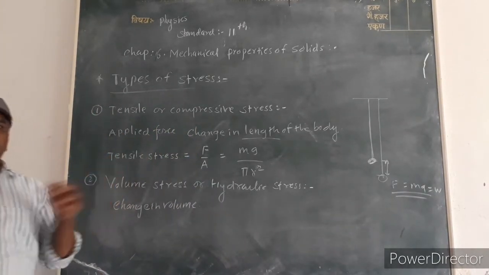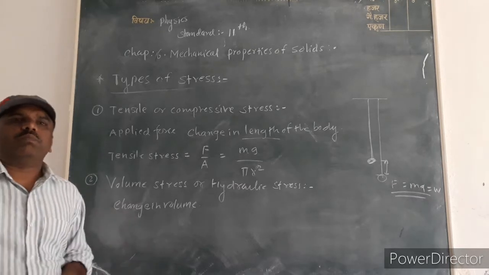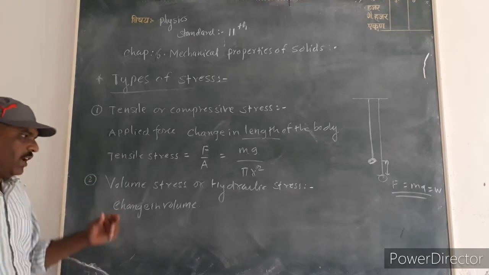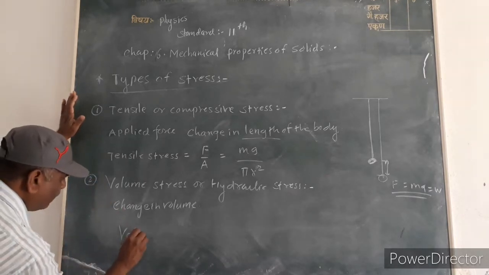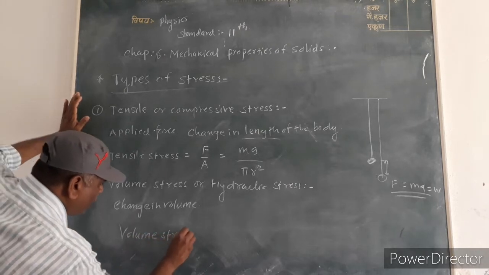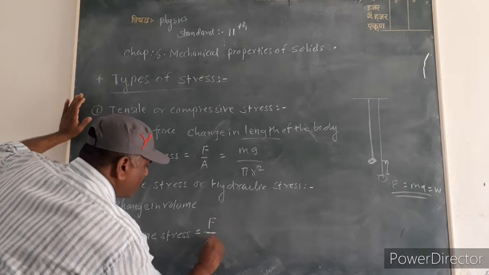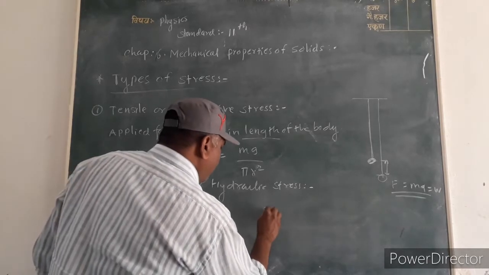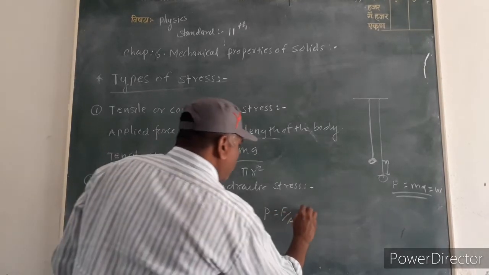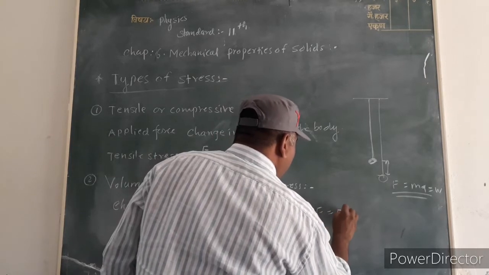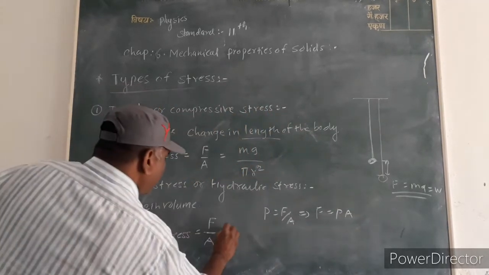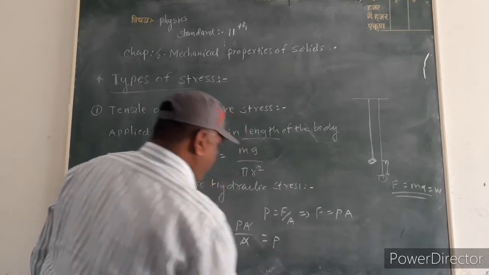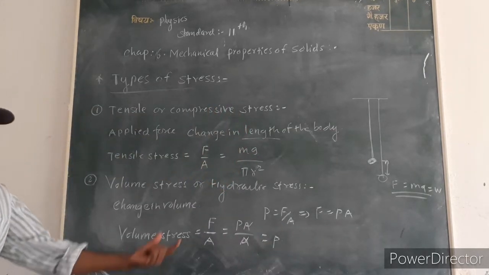When we apply a force on a body, the volume of the body changes. That type of stress is called volume stress. Therefore volume stress is equal to force per unit area. But according to the definition of pressure, P is equal to F upon A, or this gives F is equal to P into A. Therefore PA divided by A cancels, this is equal to P. But volume stress is nothing but change in pressure.